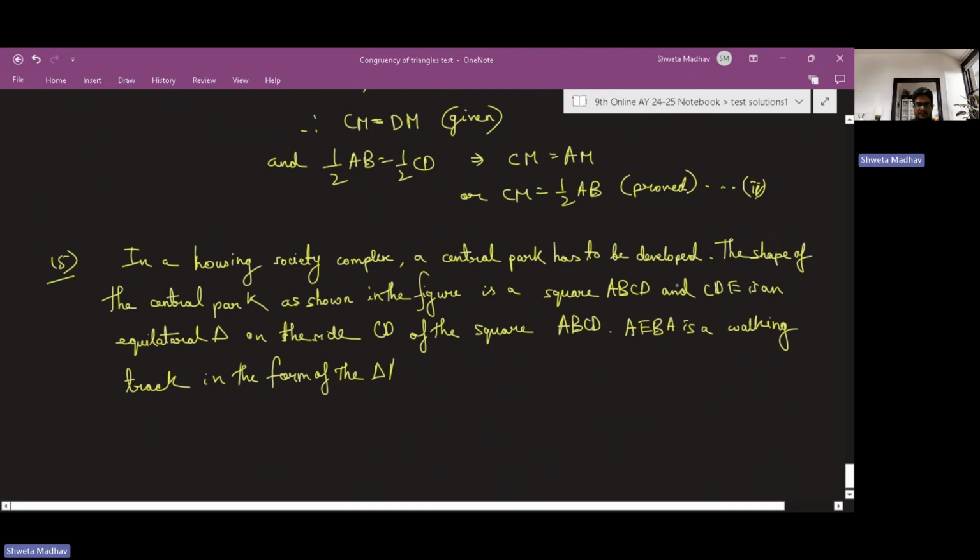EBA is the working track in the form of the triangle EBA.